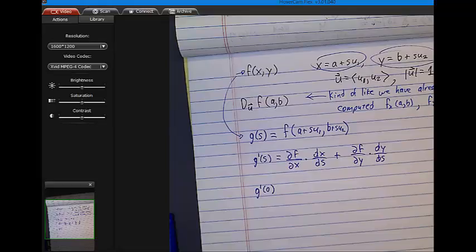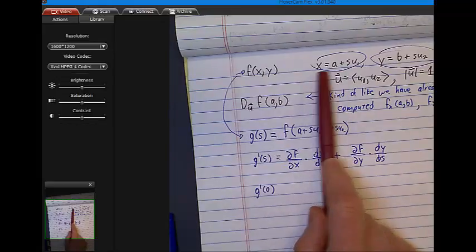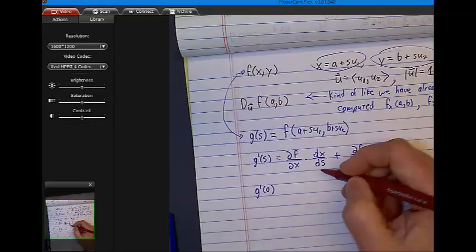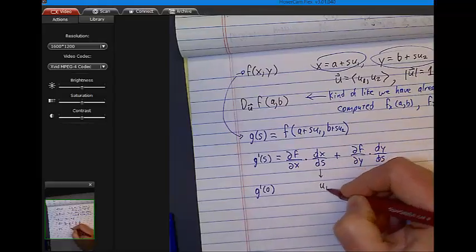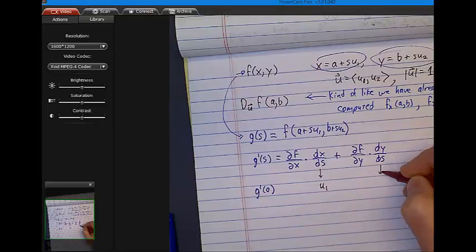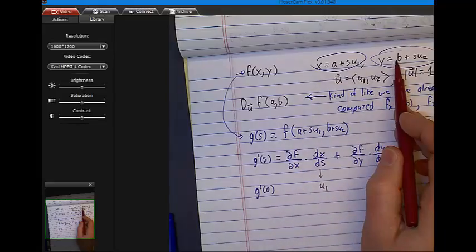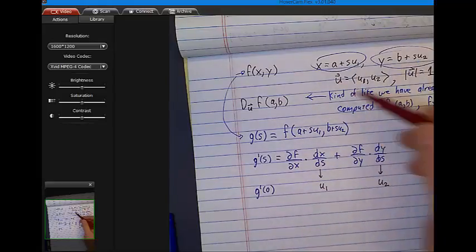Does this make sense? Now what do we know about dx ds? Looking at the function, what's the derivative of this with respect to s? That's just u1. And what's the derivative of y with respect to s? That's u2, because these are constants a and b. s is my variable, right?